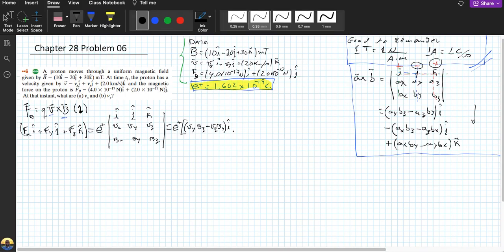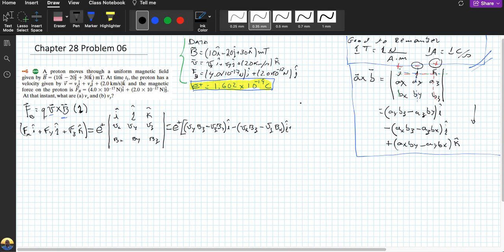And now the way that I can write this guy here is going to be negative, Vx Bz minus Vz Bx, and this will be my j component.